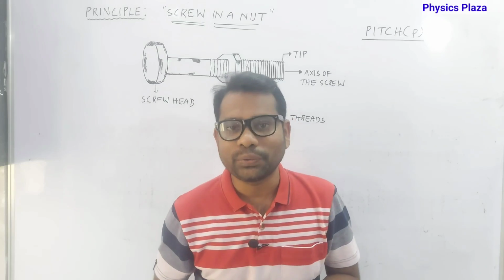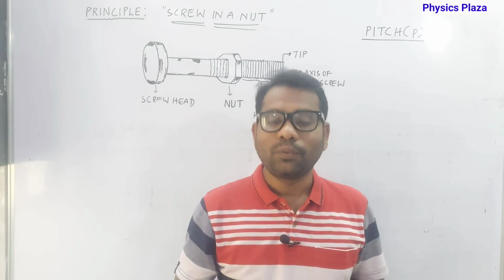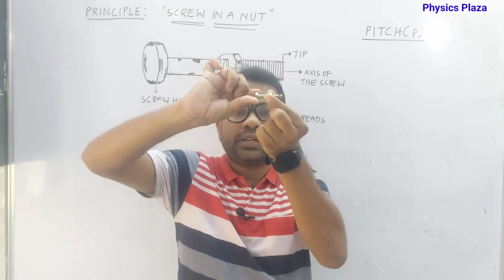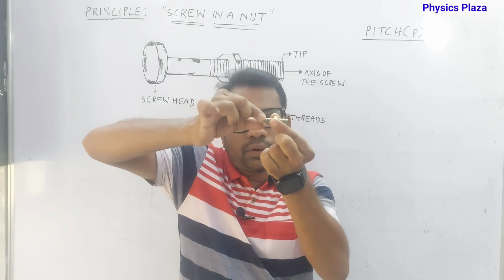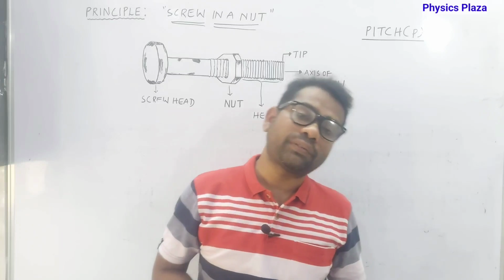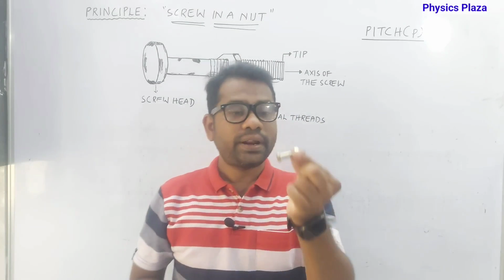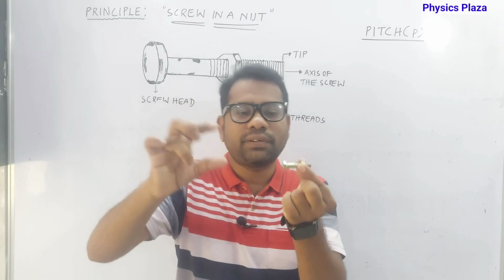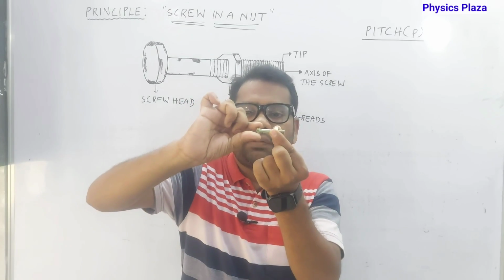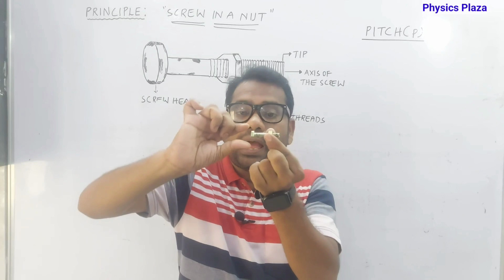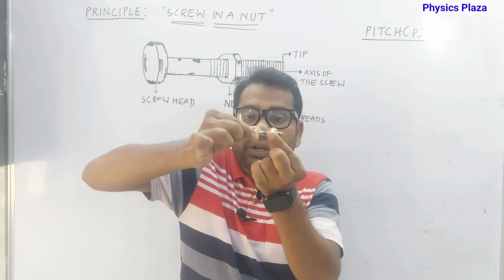Children, for that I am telling you in a unique manner what we have to do. For example, here I am holding this. Just try to make one complete rotation, either you or your friend or some other friend. So for a given screw and nut, if I make one complete rotation like this, again I repeat, I am making one complete rotation.